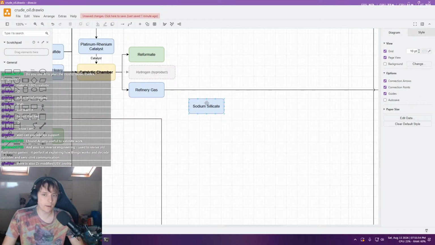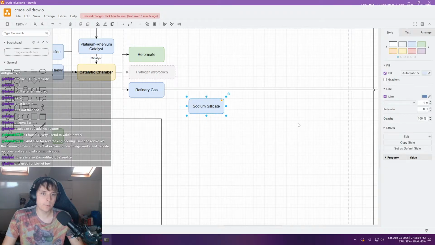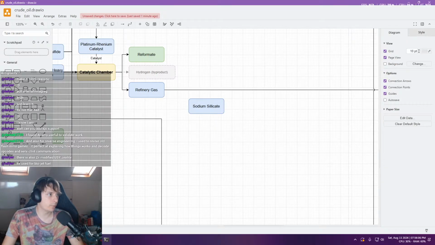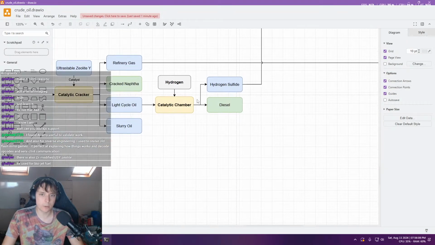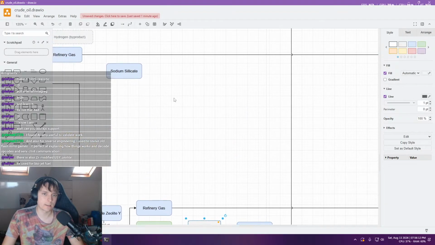For now, we're just going to say it starts with sodium silicate because it's a bit easier. Then we have sodium aluminate. Now, sodium aluminate we have already from the hydrogen process, so I can put this as an input.